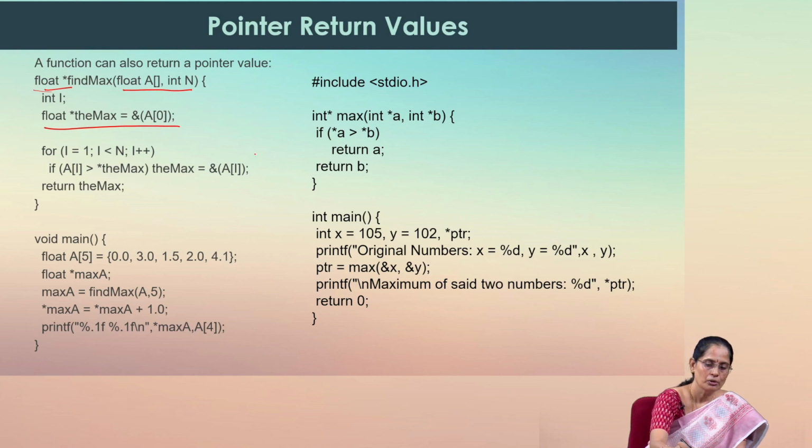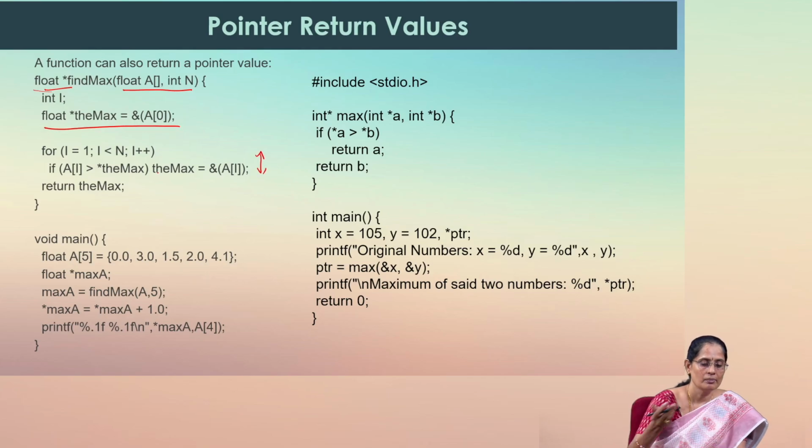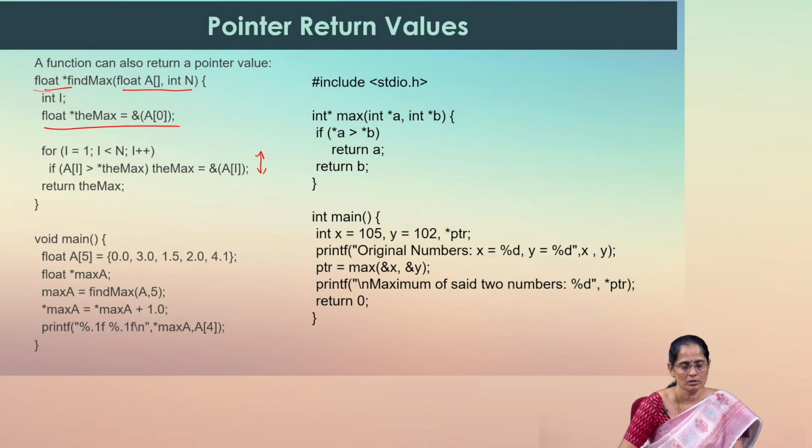Then I execute a loop to find the maximum value stored in that array. If a of i is greater than the max, then the max will be the address pointing to that particular location.